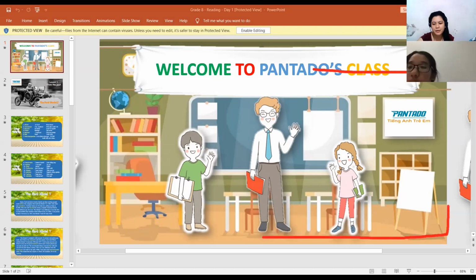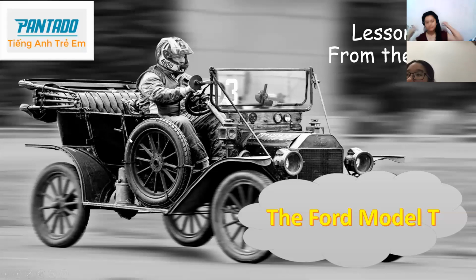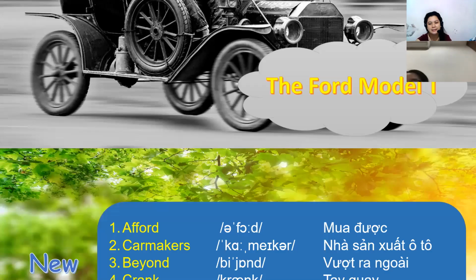And then we are going to talk about or read about the Ford Model T. Oh, wait. Let me share the slide again. Can you see it now? Yes. All right. Now, our topic is from the past, and the title of the story that we are going to read tonight is The Ford Model T.